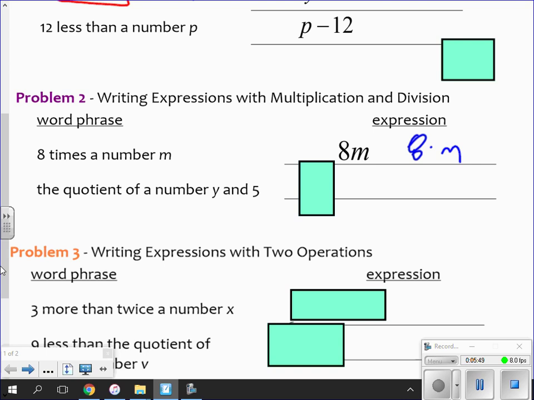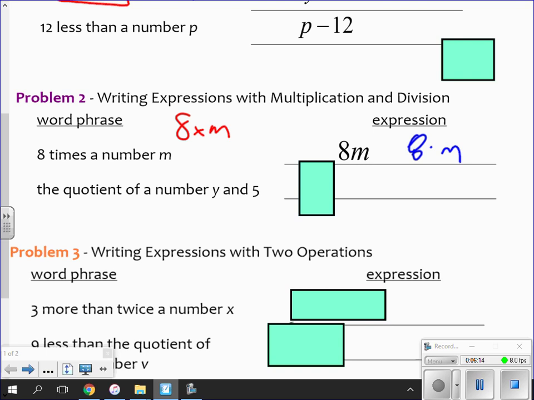The one thing you don't do if you're multiplying and you have a variable is use an x for multiplication. If you did 8 times m, now that we have variables, that looks like 8xm, not 8 times m. It looks like I have two variables that I'm multiplying times 8, not one.